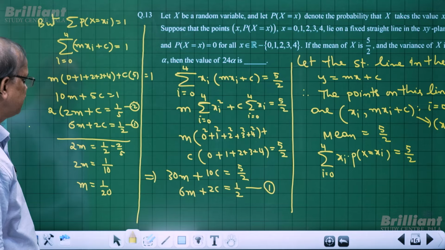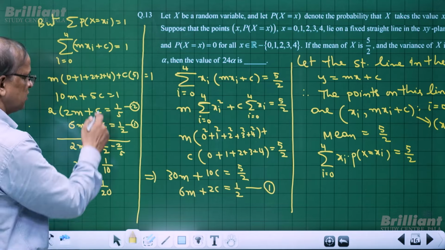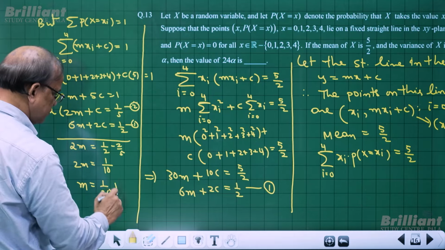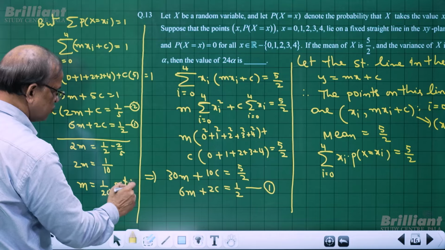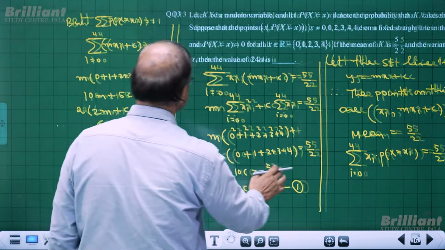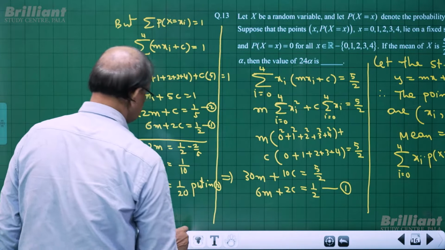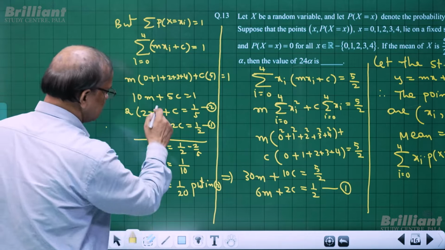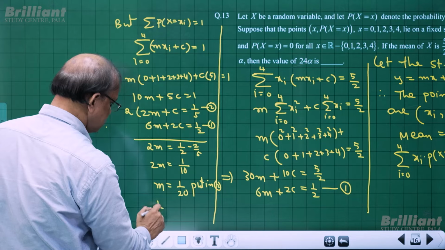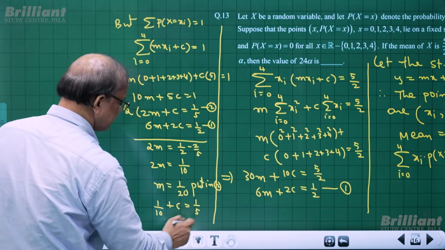Now c you have to find. Substitute this in equation number 1 or 2. Put it in 2: 2m is 1 by 10, so 1 by 10 plus c is equal to 1 by 5.